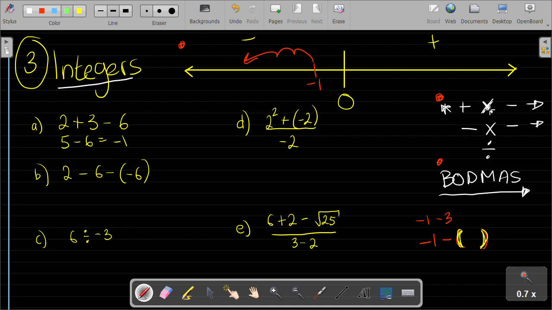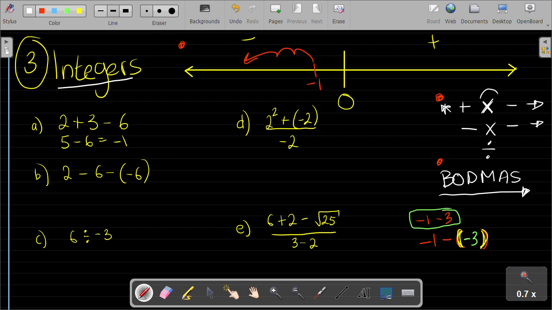Now that actually brings me to this over here. Let's say for instance it was a -3, so we're keeping it very similar. It's -1, but now guys, it's not minus 3 like we did here. As soon as we see a bracket, we need to think about more than just the number line going left or right.